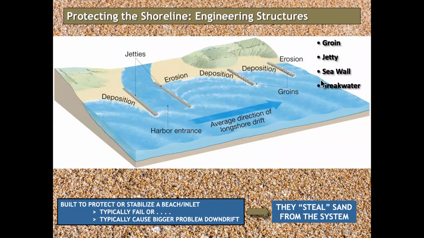A jetty is two side-by-side groins, and they basically enable the movement back and forth between the ocean and an inland water body, like a sound. Okay, so that is a jetty, two side-by-side groins, a groin, which is an individual one, and then you have a seawall and a breakwater.